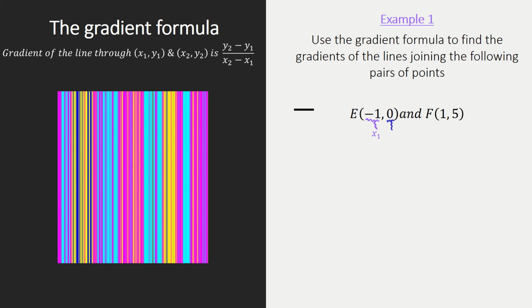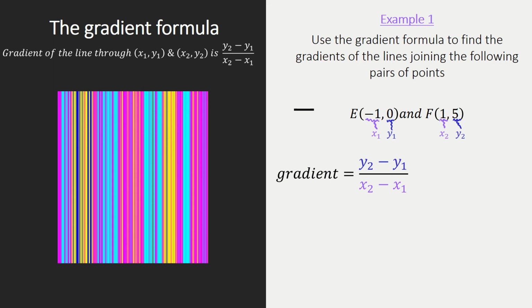The second one is always the y coordinate, so I call it y1. For our second point, point F, the x coordinate is x2, and we name the y coordinate y2. So please remember our gradient formula: gradient equals y2 minus y1 divided by x2 minus x1.